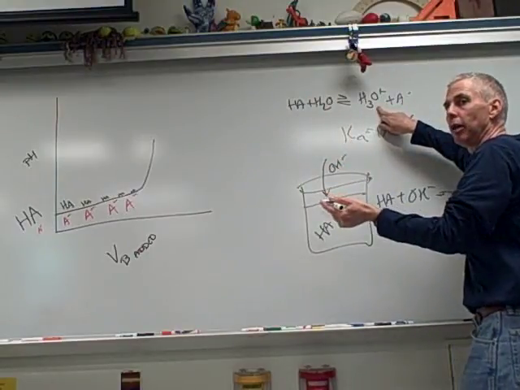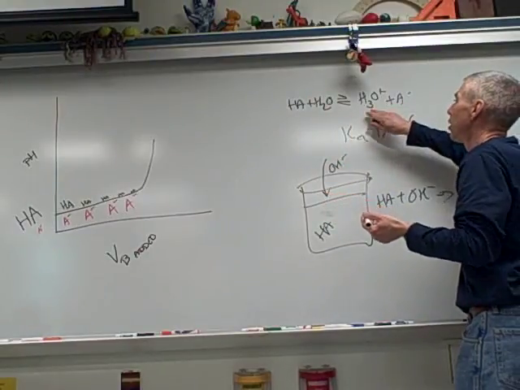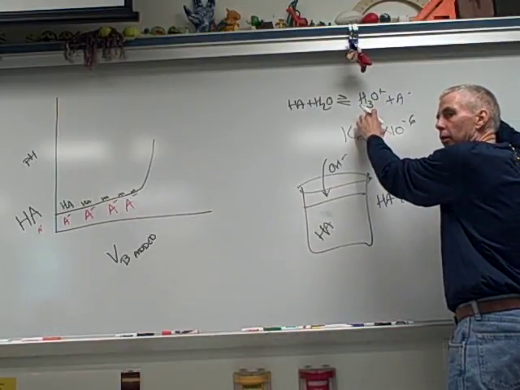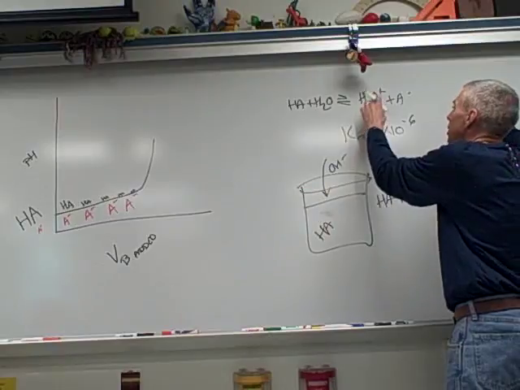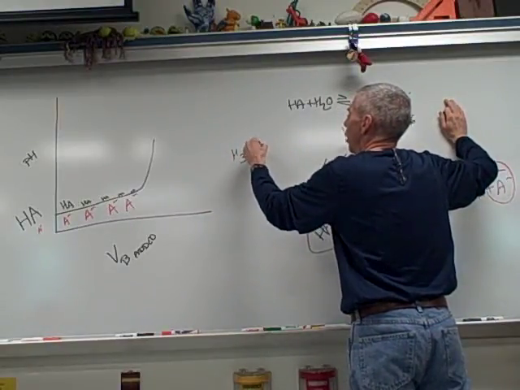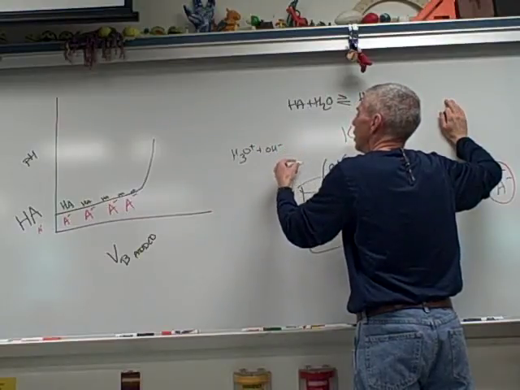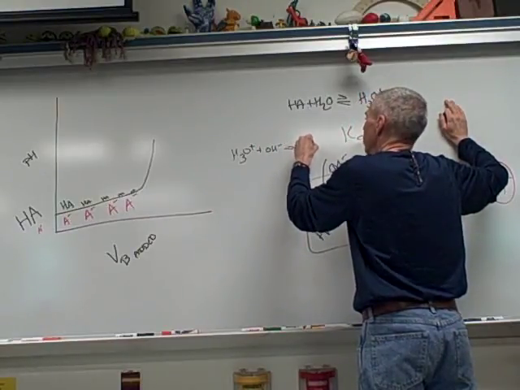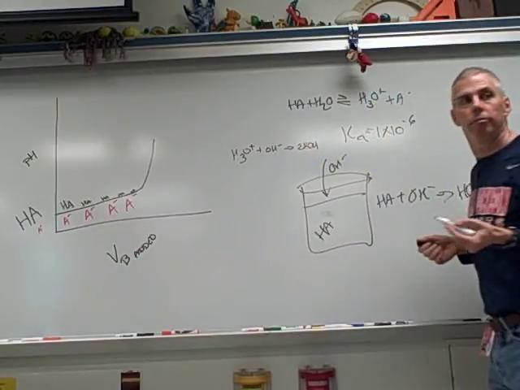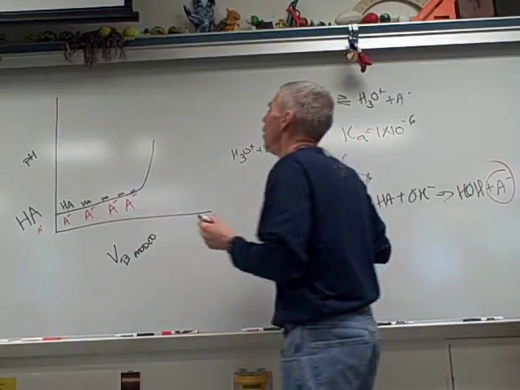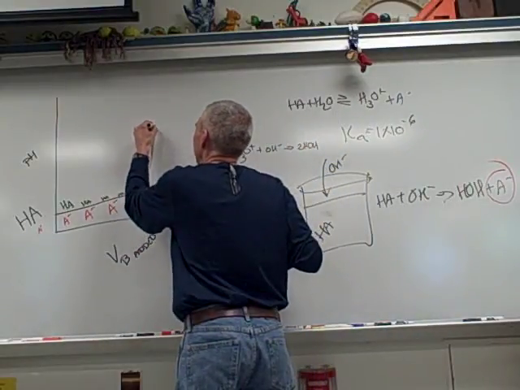There's no more equilibrium. And so all the H3O+ are used up, because there's a second reaction going on here. The H3O+ in the water are reacting with the hydroxide that we put in the water, and what are we making? 2 H2O. So the pH goes shooting up.